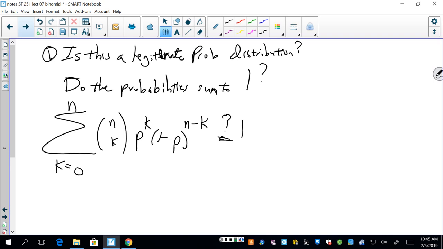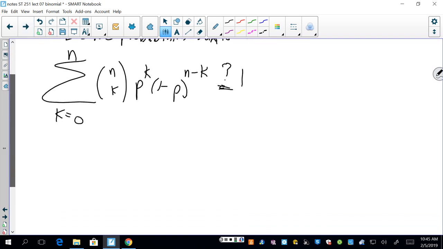We had one result before that's kind of useful to look at this. With probability and stories, we thought about how we can expand a term, x plus y to the n. What's another way of writing that?